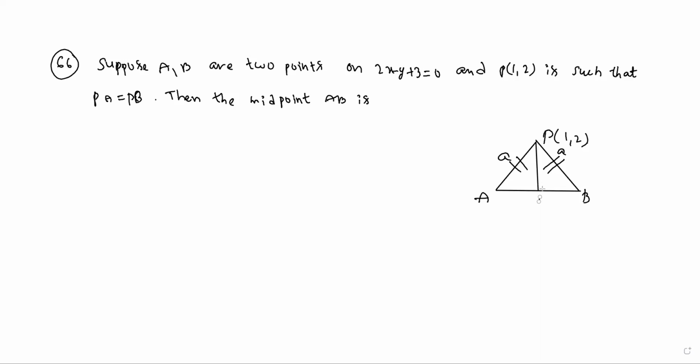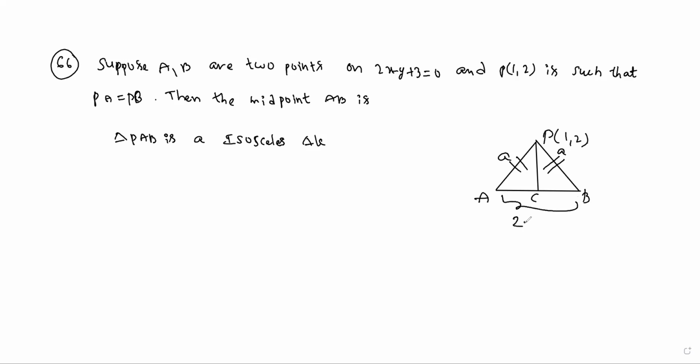Okay. Now this point I'll take C for example. Here PA equal to PB, therefore triangle PAB is an isosceles triangle. Here this AB line is also given.